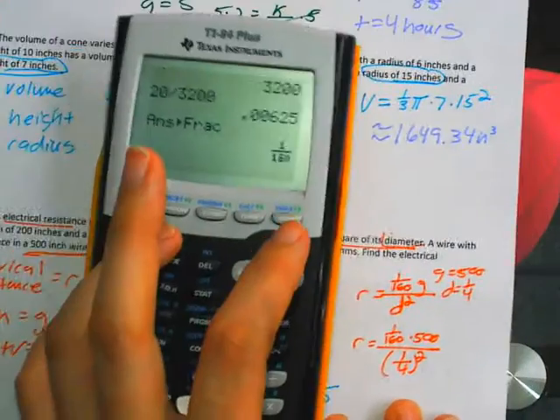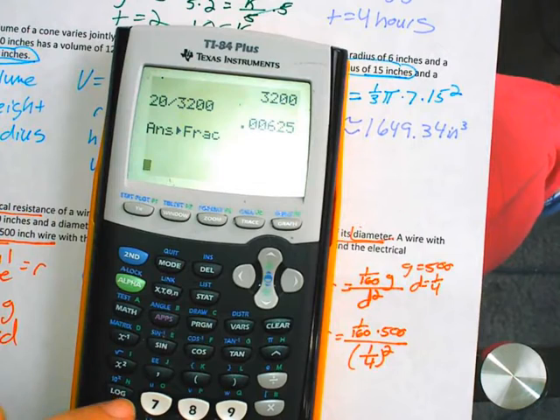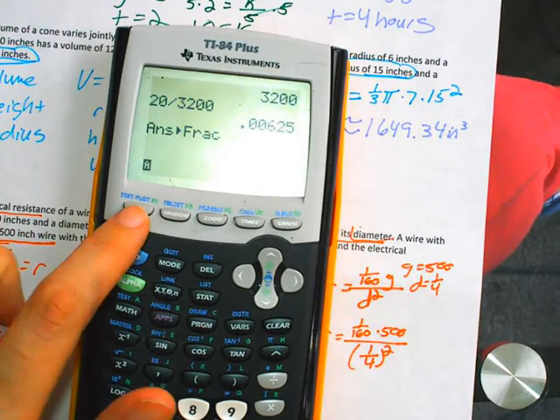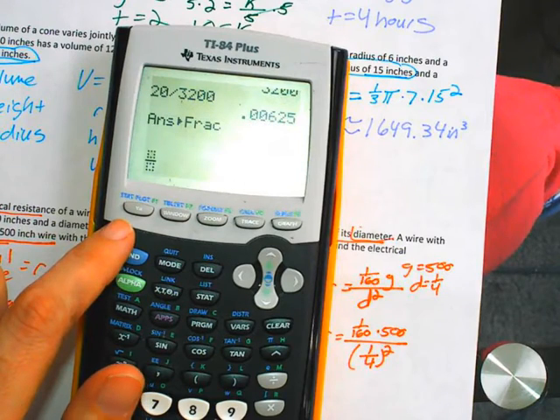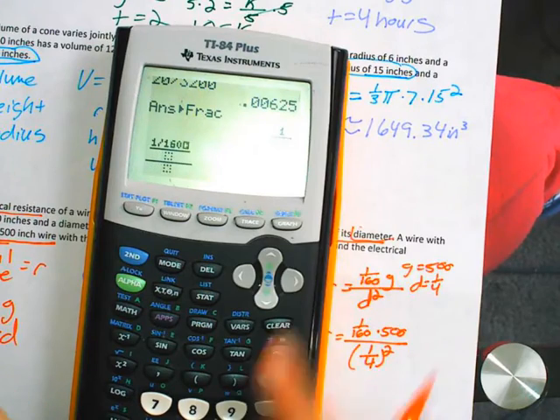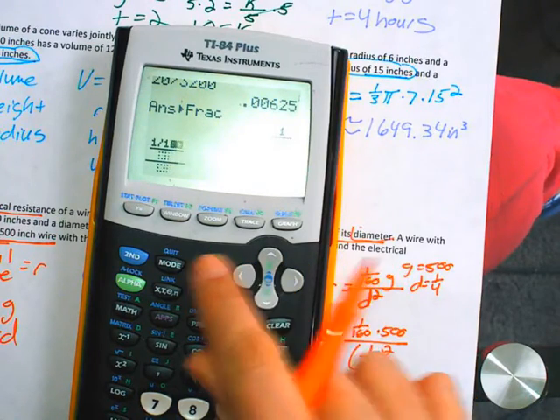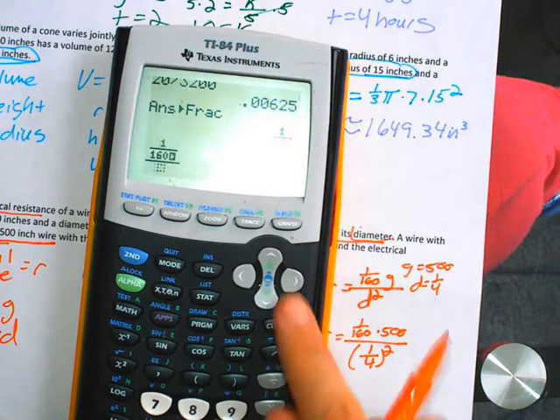All right, I'm going to put this whole thing in the calculator. You could do it piece by piece. I'm just going to do it all together. Okay, alpha y equals 1 divided by 160.